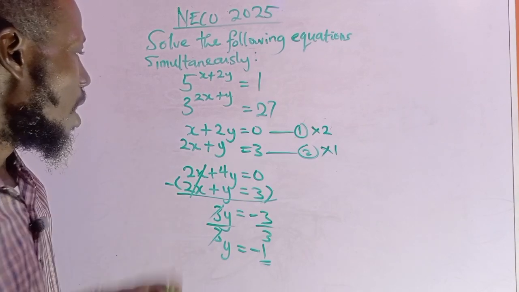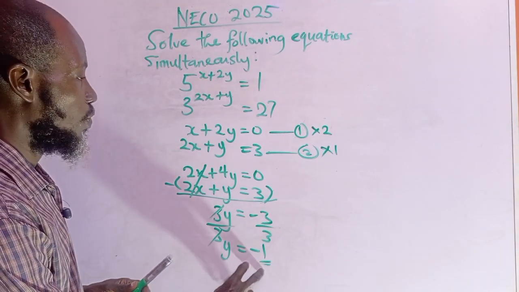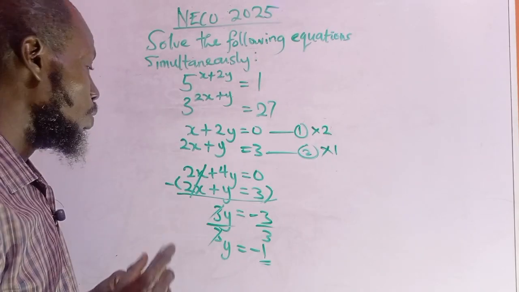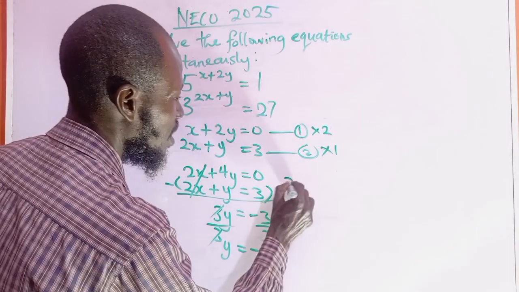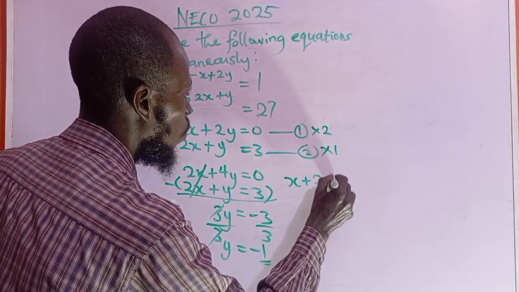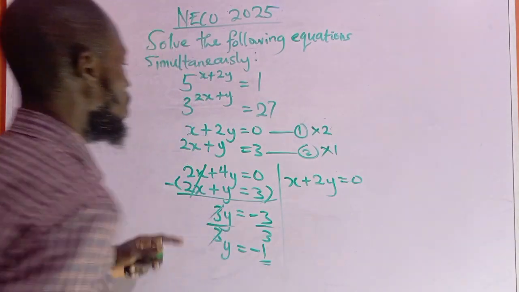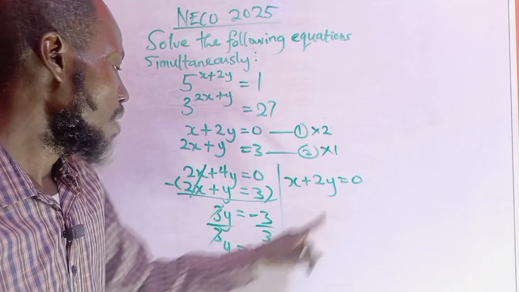Then the value of x. We need to substitute this value of y into any of the equations. We can use equation 1 or equation 2. Let's use equation 1. So we have x plus 2y is equal to 0. Where we see y, we put minus 1 there.